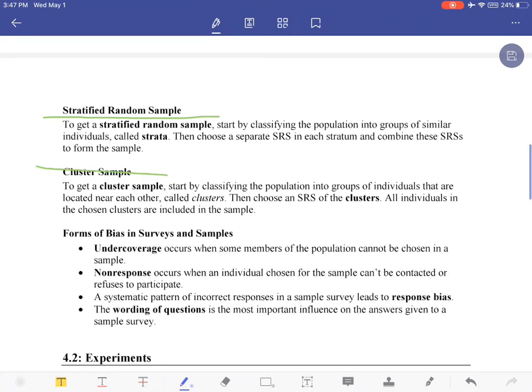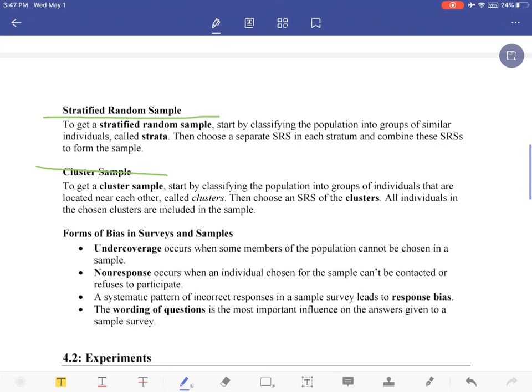A cluster sample is where we classify people due to convenience into different groups. So a way we could do that at Cane Ridge is we label everybody according to their PLT class or their English class or their math class. So we have not as many numbers as if we had done that for the entire student body. We just have, let's say, 120 different PLT classes instead of dealing with 2,000 students. So it's a lot less numbers to write out and assign.